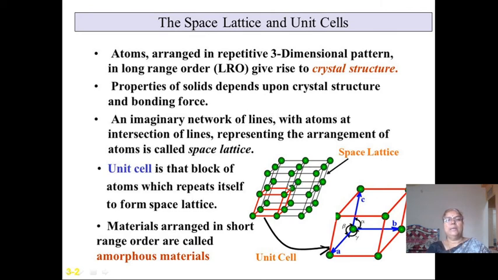Or another definition of unit cell: when we expand the unit cell in three dimensions, it forms the space lattice. In short, the expansion of unit cell in three dimensions produces a space lattice.